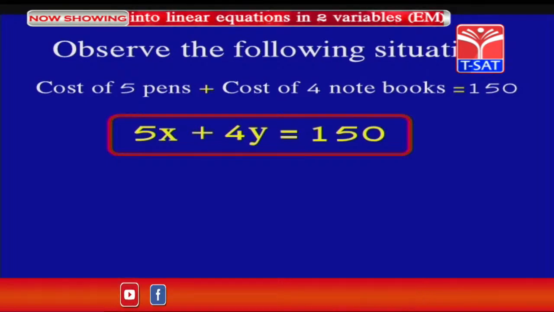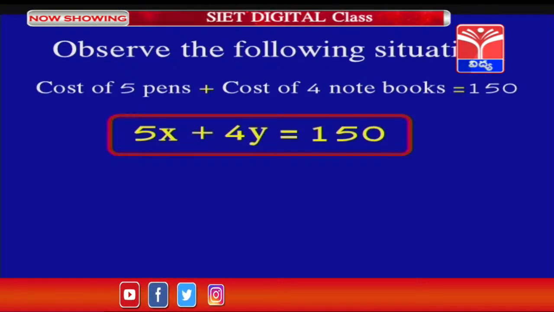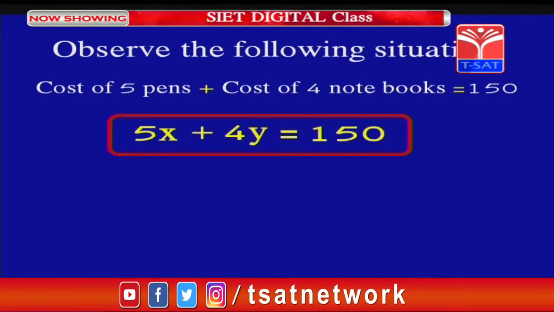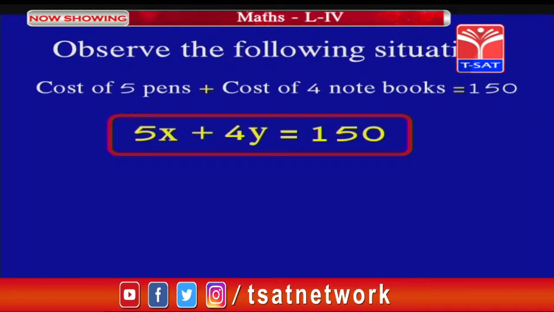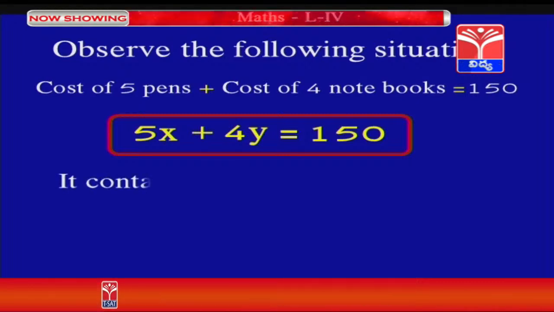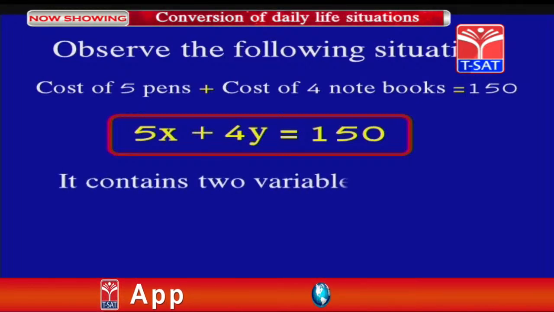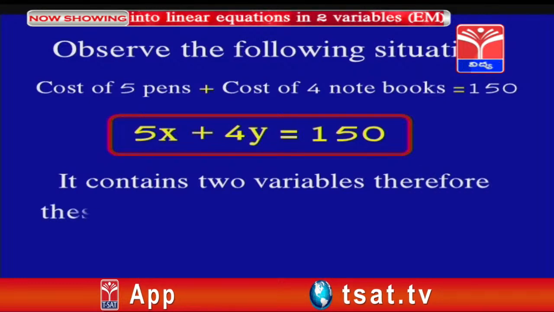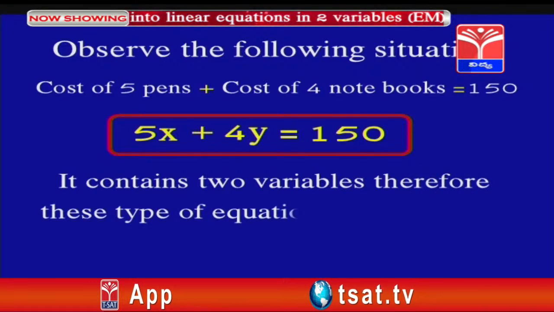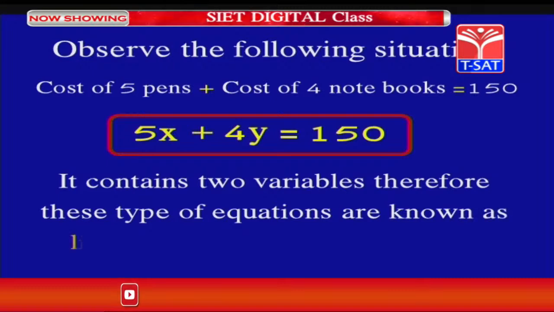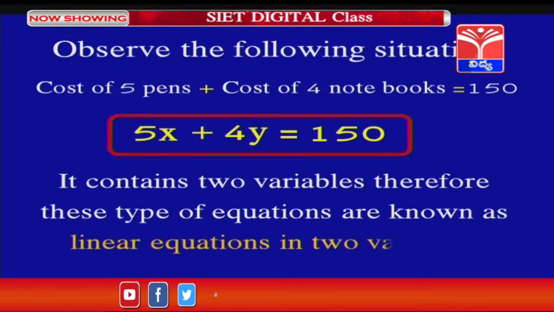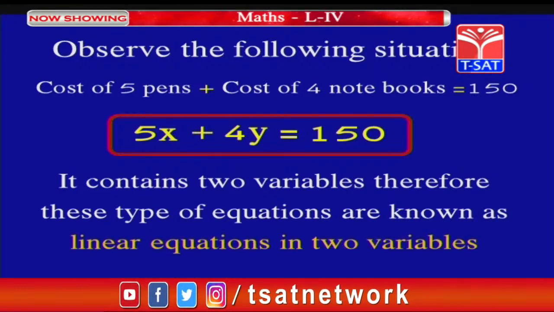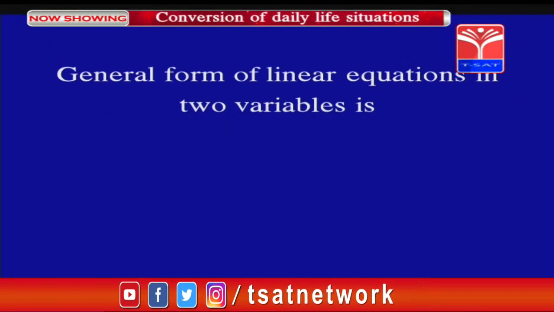Here there are 2 variables, x and y. So, this type of linear equation is called a linear equation in 2 variables, because it contains 2 variables. Okay. Now, we will discuss the general form.